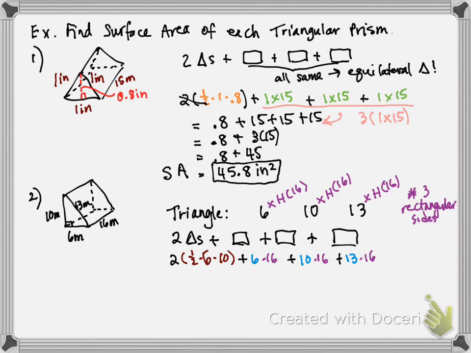Okay, now, unfortunately, this one isn't the same, right? We're going to have to do some calculations. Life goes on. So, this is our surface area, and we get 2 times 1/2 is 1, 6 times 10 is 60. So off this side, I'm going to do 16 times 6. So I get 96.